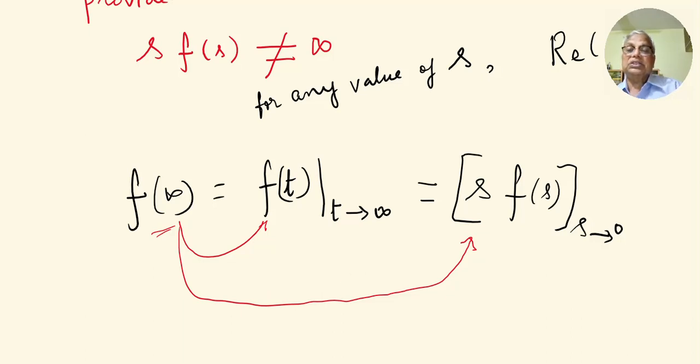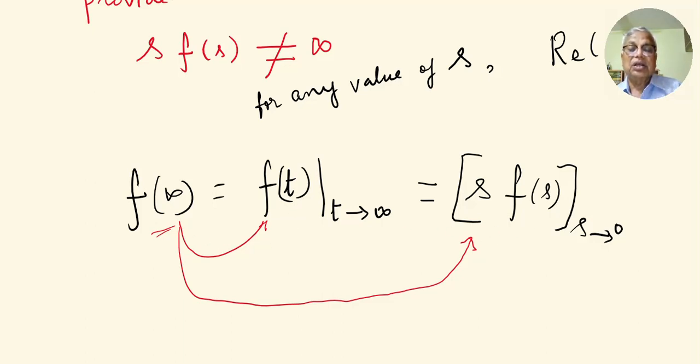The advantage is that many times in control system analysis, F of s will be a complex or big function. To find the final and initial values, you would have to invert F of s to get f of t, and then put t equal to infinity.